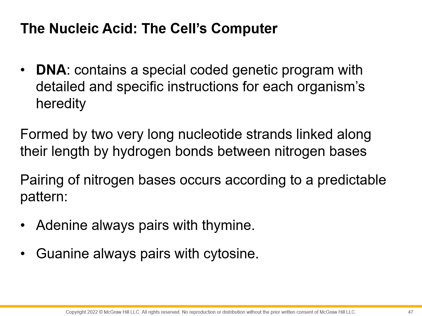So again, these are called nitrogenous bases, and they bind in a particular way. Adenine always binds with thymine. Therefore, thymine always binds with adenine. And guanine always binds with cytosine. And they bind together with hydrogen bonds. Okay? And so this is how DNA is formed.